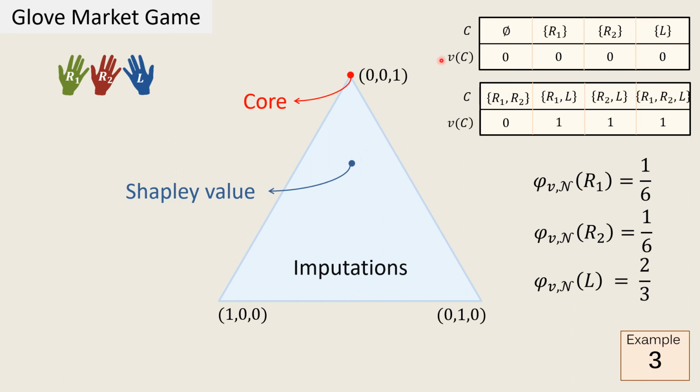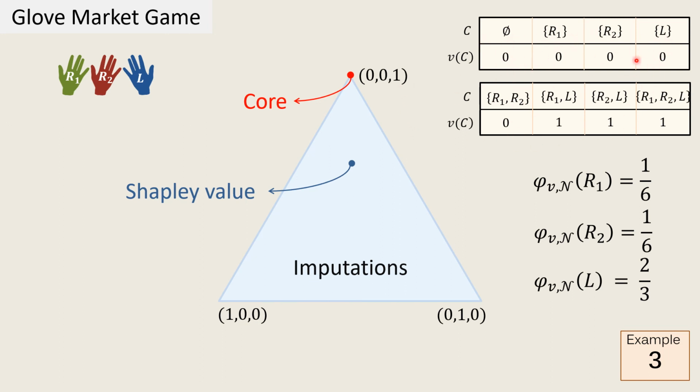Now, as you can see, the Shapley value is different from the core. It doesn't coincide with the core. It's this point here. But it lies in the set of imputations. So the Shapley value is an imputation. Why is it not equal to the core? That's because this is a non-convex game. It's superadditive. That can be verified very easily.